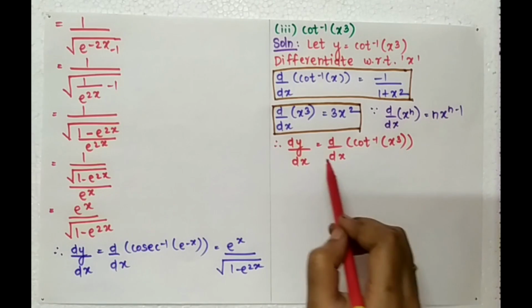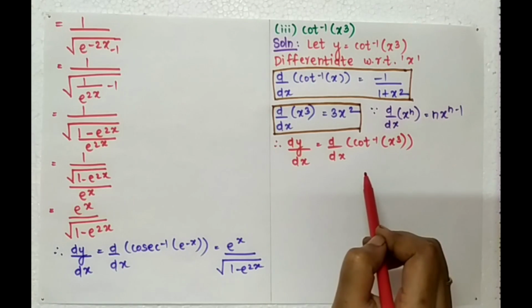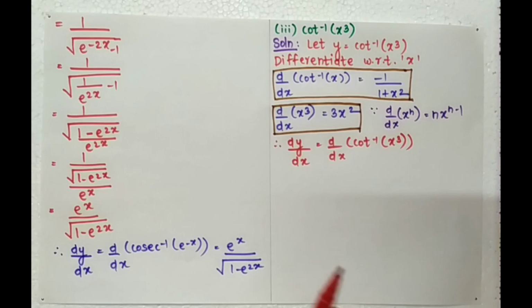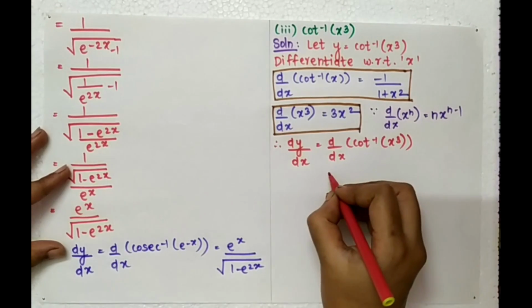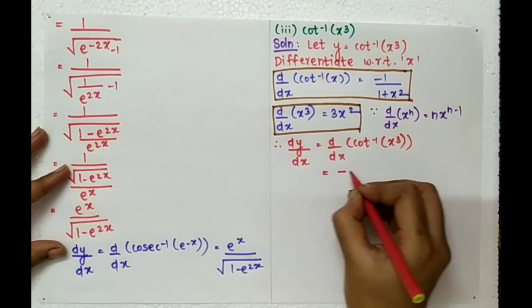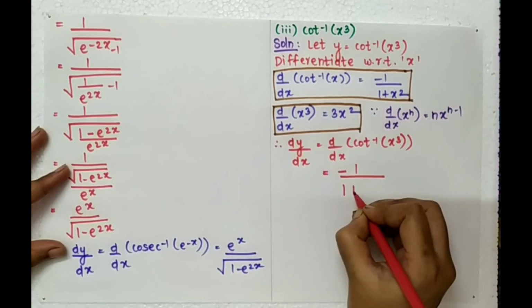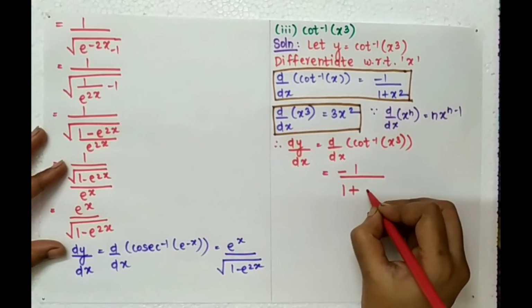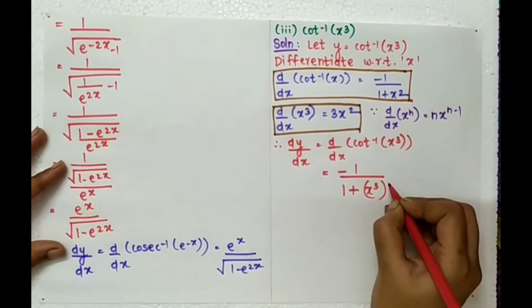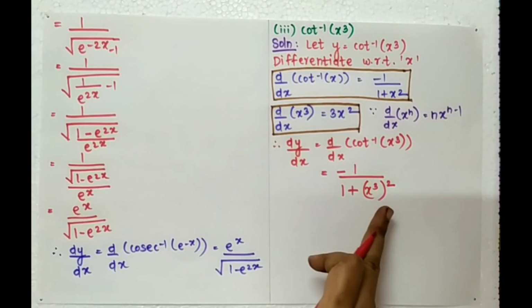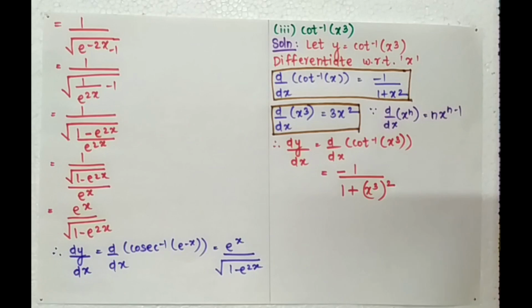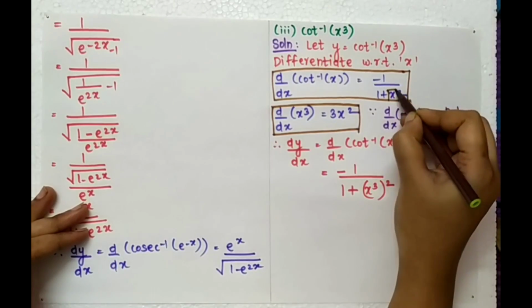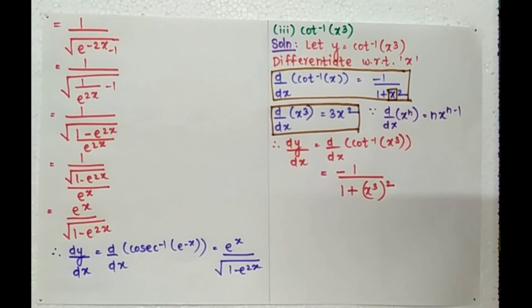Therefore dy by dx becomes d by dx of cot inverse x cube. So this is equal to minus 1 upon 1 plus, in place of x we substitute x cube. So x cube the whole square. Don't forget to write this power square, because we are substituting in place of x only, not for x square.